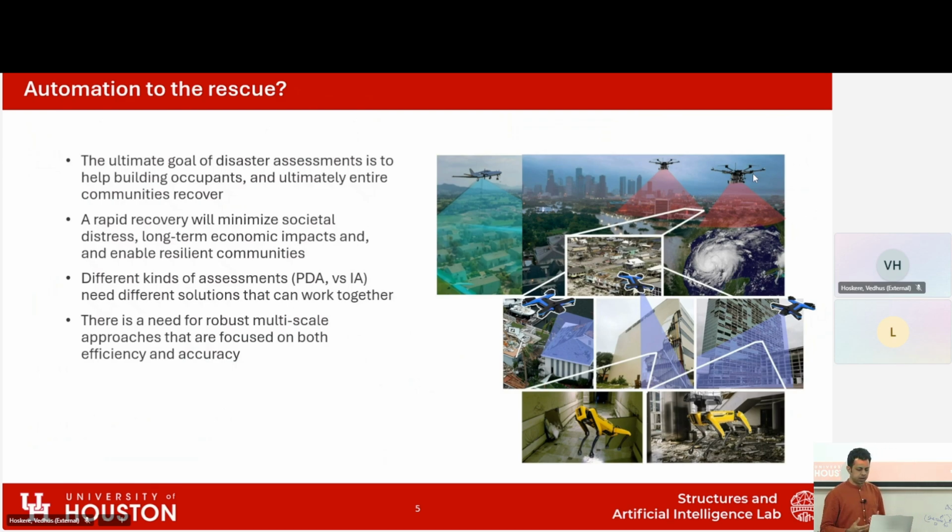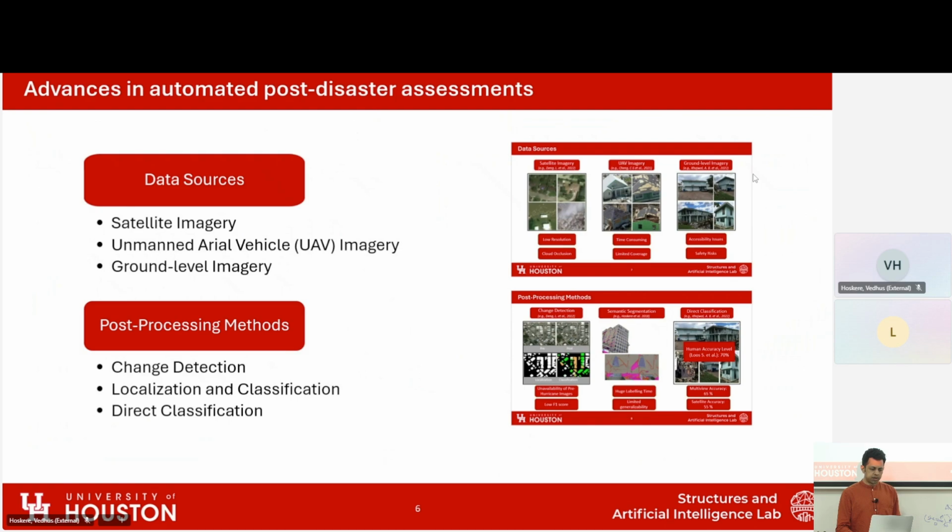But in terms of the computer vision aspect, a lot can be reused across these approaches. So let's look at two areas of advances in post-disaster assessments: using more data sources and using better post-processing methods.